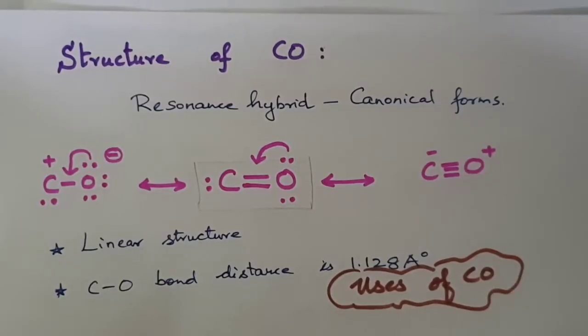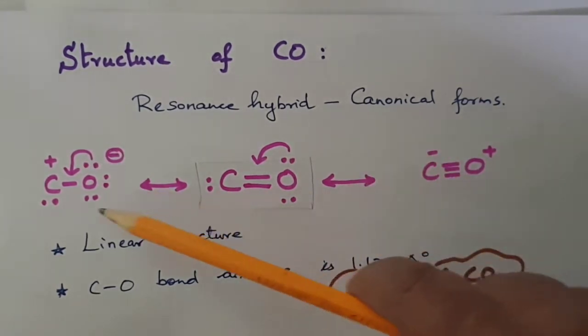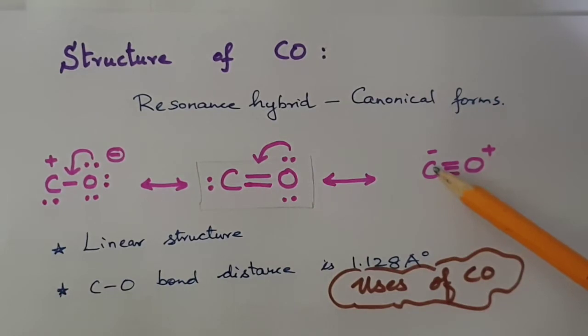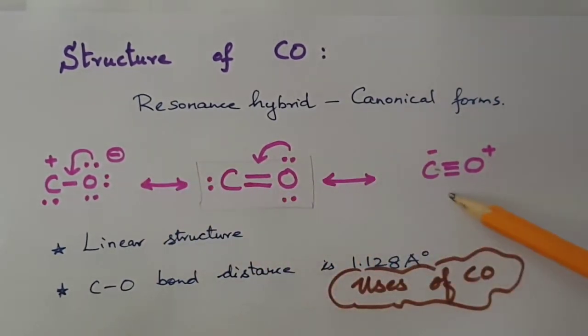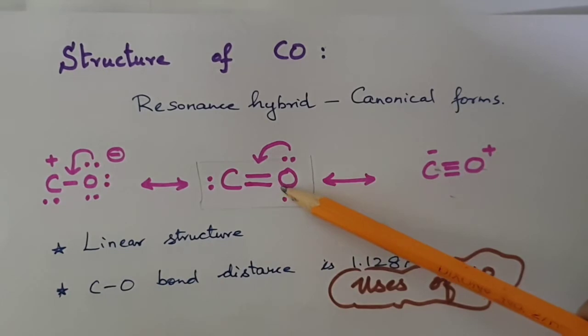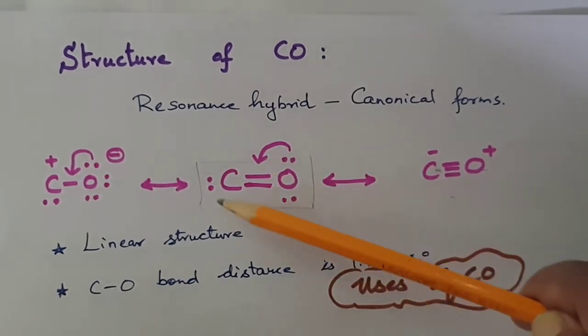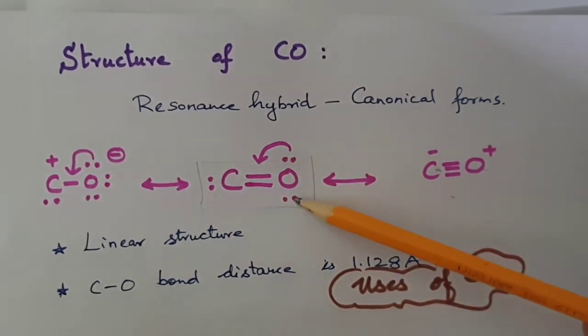When we learn about carbon monoxide, the structure of carbon monoxide is very important. Carbon monoxide can form different forms, which are otherwise called resonance hybrids, or canonical forms. Now the carbon atom has a double bond with oxygen, and there is a lone pair of electrons present over carbon and two lone pairs of electrons present over oxygen.